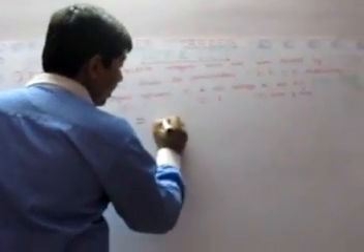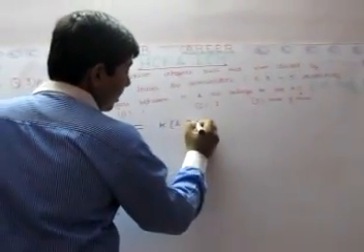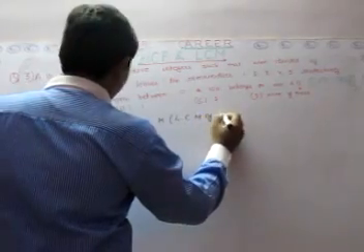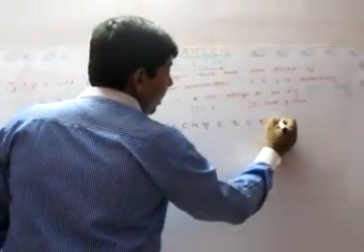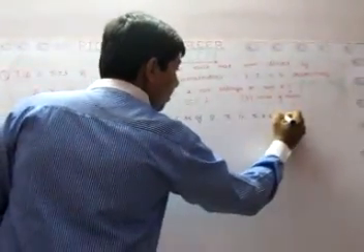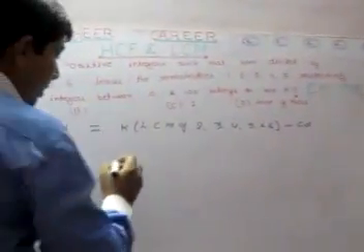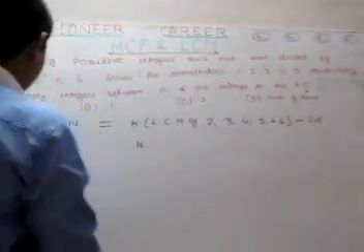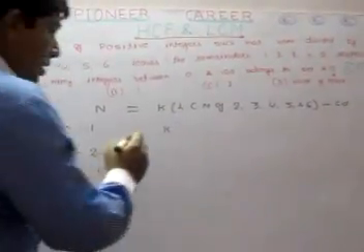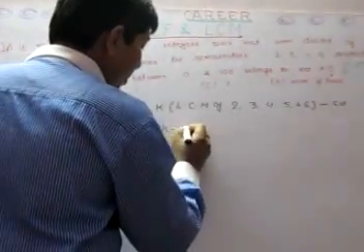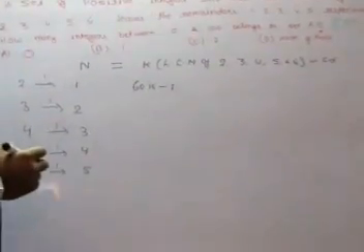So n must be in the form of k times the LCM of 2, 3, 4, 5 and 6 minus the common difference. Here the common difference is equal to 1. The LCM of 2, 3, 4, 5, 6 is 60. So any number in the form of 60k minus 1 will satisfy this condition.